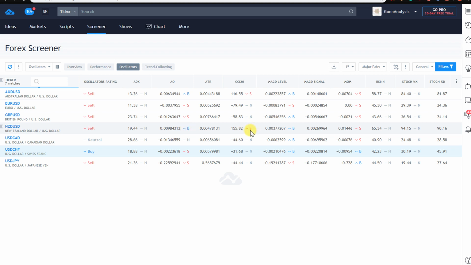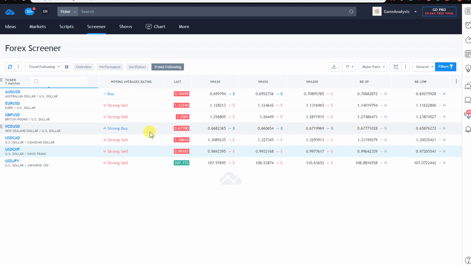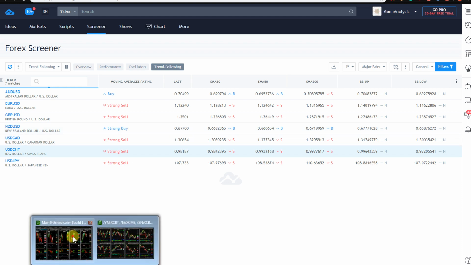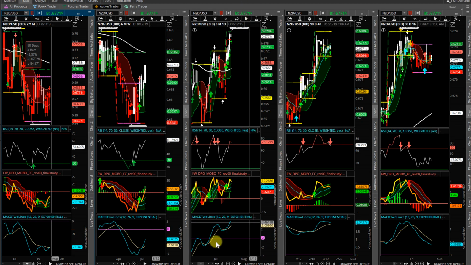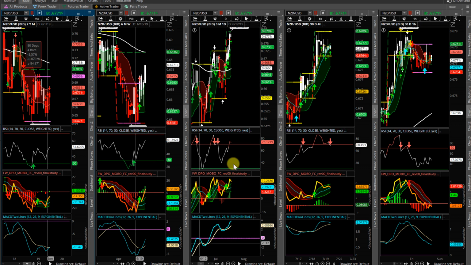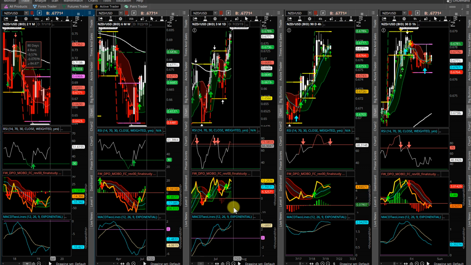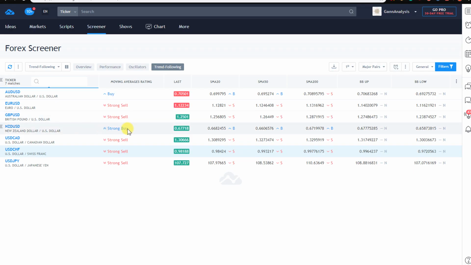This is bullish, this is sell, bullish, sell. So I guess they round it up and say it's neutral. And then trend on the daily, strong buy. So let's look at our indicator on a daily. Yeah, everything looks positive, even though it's overbought, but it's positive on the daily. So the New Zealand dollar says it's a strong buy.